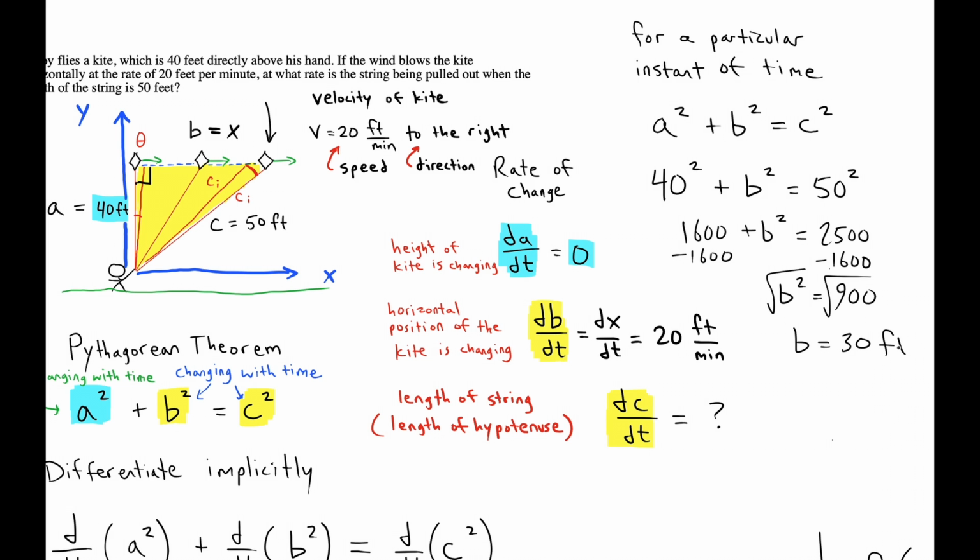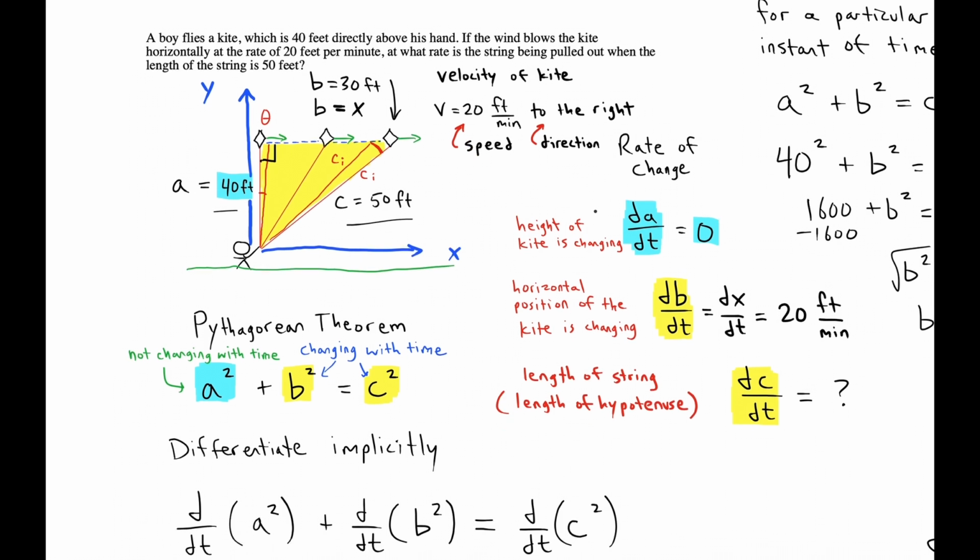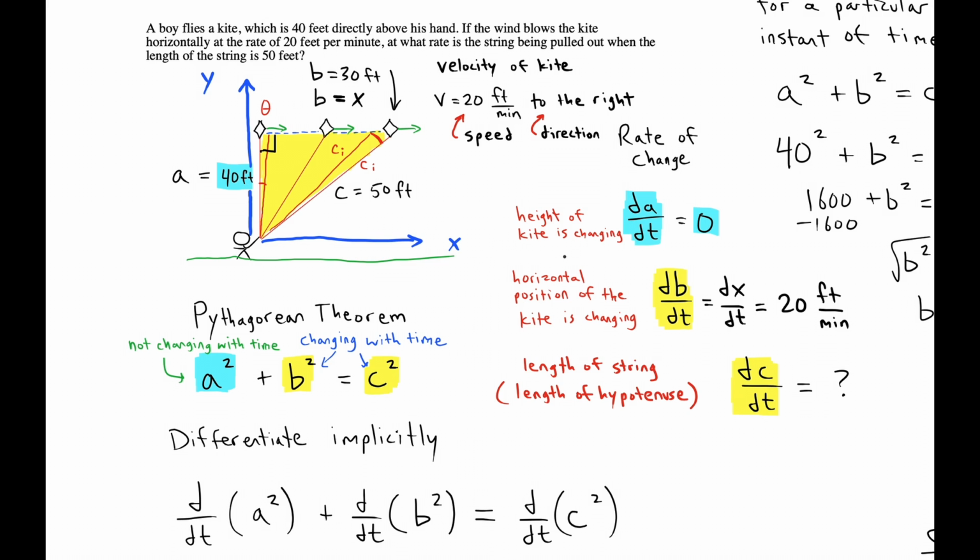B is 30 feet at the time that I've drawn here. Keep in mind that B is going to be different values throughout the flight of this kite. It's only 30 feet at the point that they've asked us about, when A is 40 and C is 50.